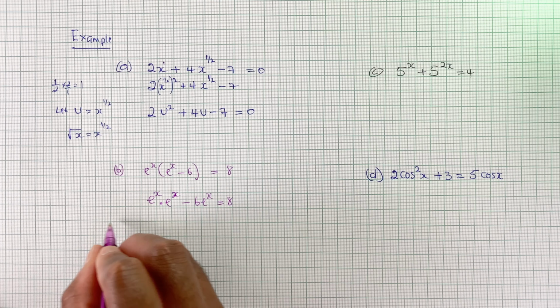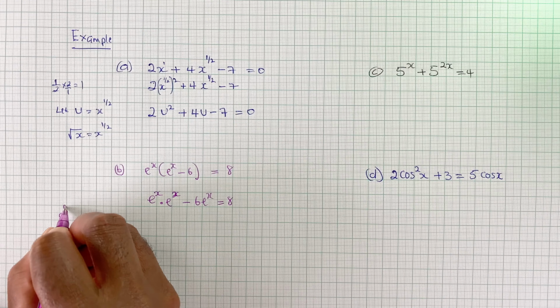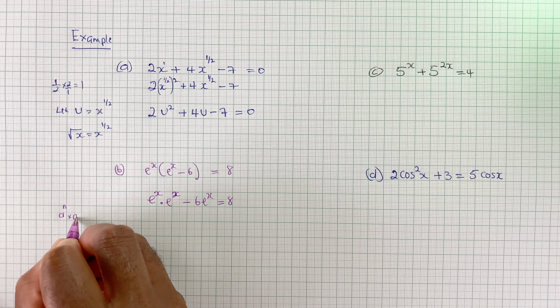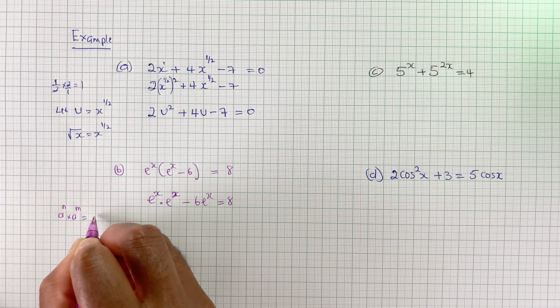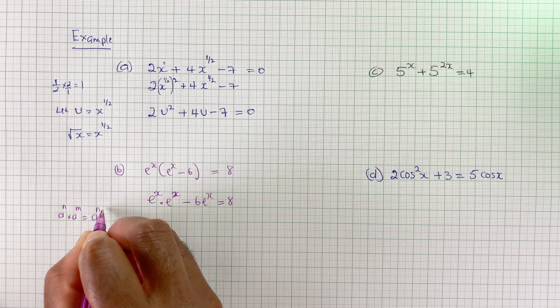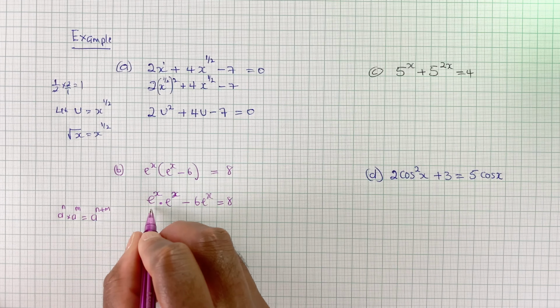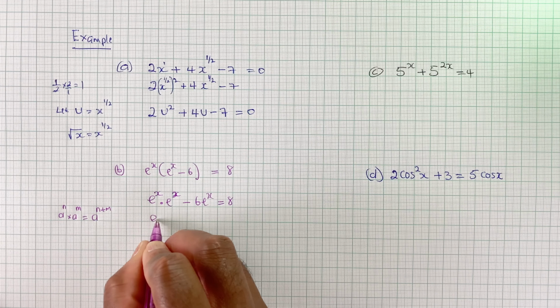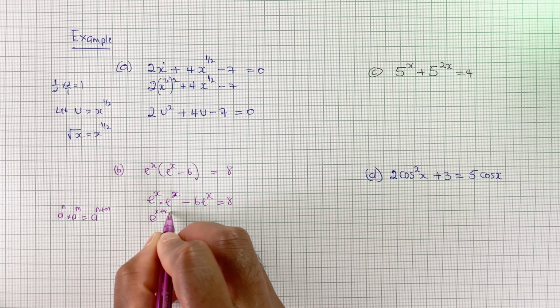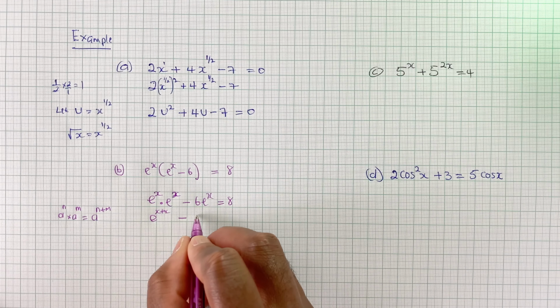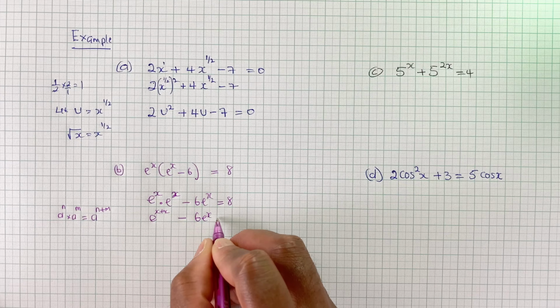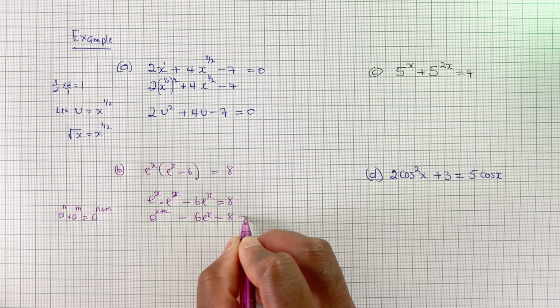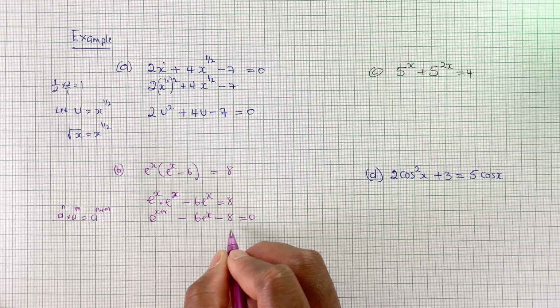That's the law of indices, we know that. a to the power of n times a to the power of m becomes a^(n+m). So we could have e^(2x) minus 6e^x minus 8 equal to 0. So I took 8 to the other side.